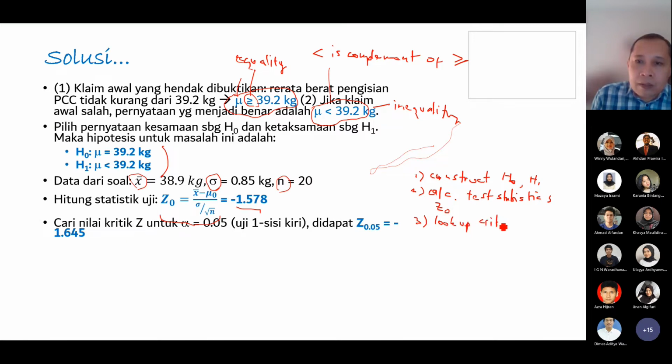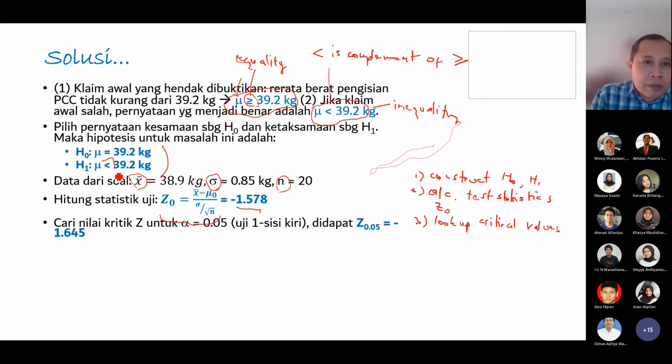Okay, so step number 3 is we look up critical values. Now remember, guys, critical values are those that define the limit or the boundaries of the rejection region, the H0 rejection region. And for the variable z, for alpha 0.05, and this is, by the way, a one-sided test, right?